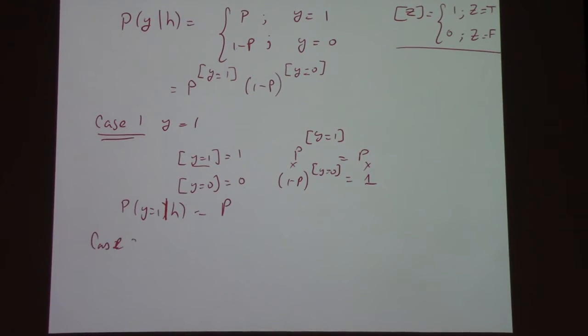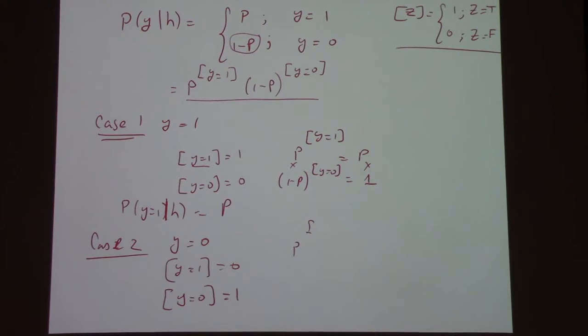Case 2, when Y equals 0, you should convince yourself that this term evaluates to 1 minus P. Why? Because the indicator that Y equals 1 is 0, and the indicator that Y equals 0 is 1.